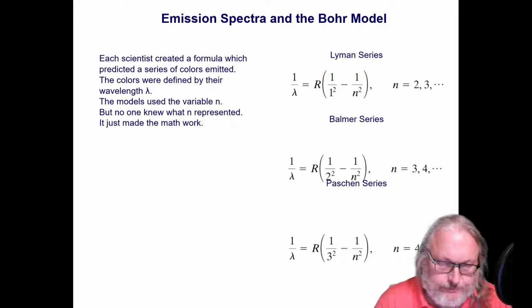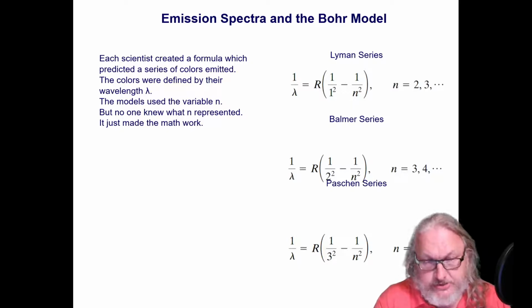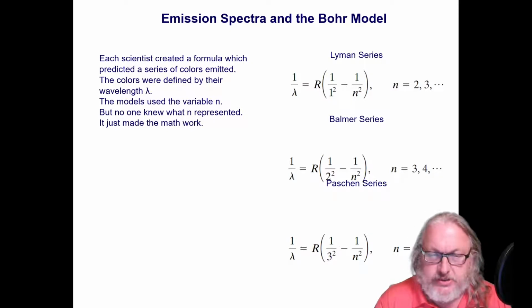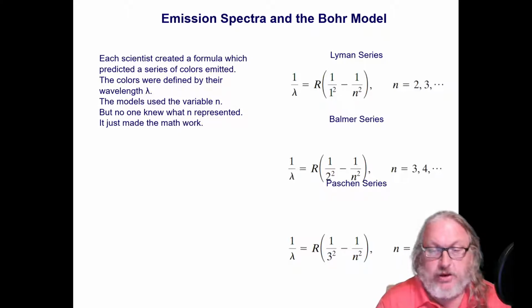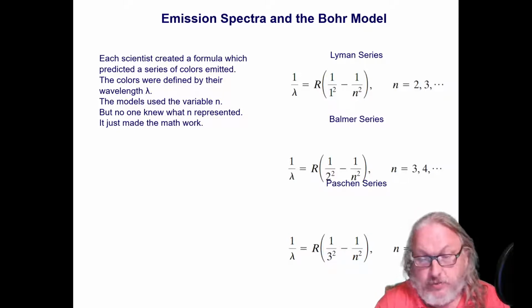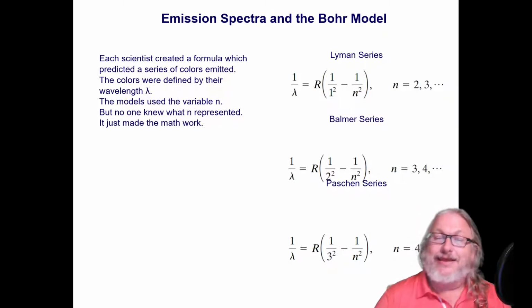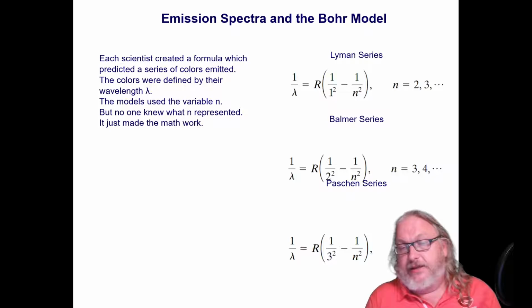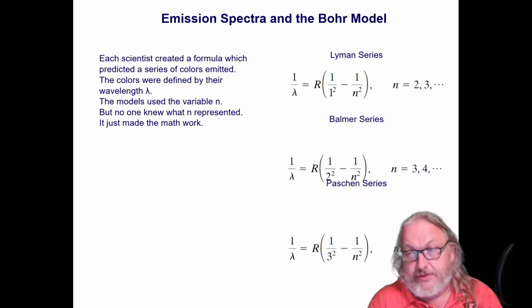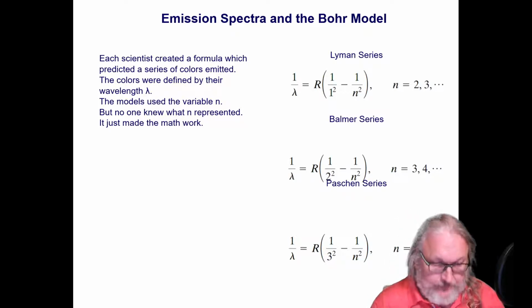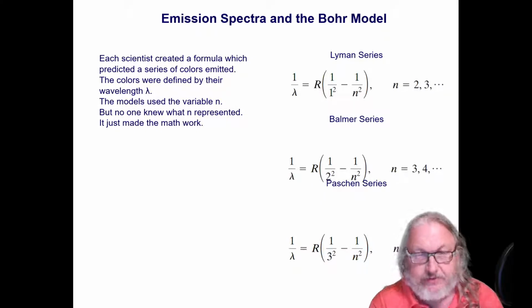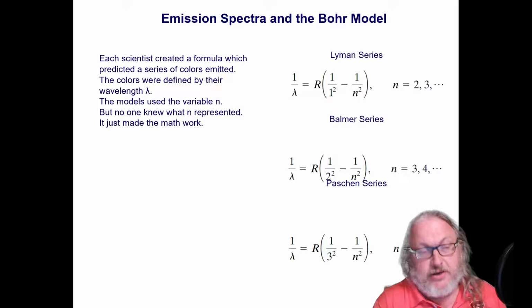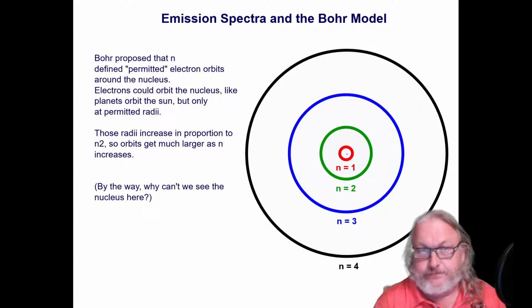The Paschen series used 1 over lambda equals R, a constant, times 1 over 3 squared minus 1 over n squared, n being an integer greater than 3. Don't worry about the math. These guys did the math and figured out where these colors, these wavelengths, were.